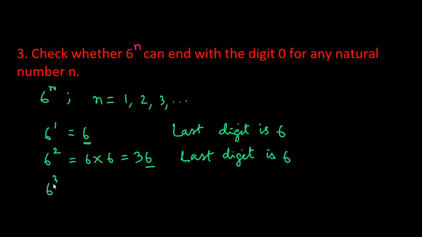So 6 power 3. What is the last digit we get? In 6 square we got the last digit of 6. So this is 36 into 6. So we will multiply 6 into 6 here. So here also we get 36. So the last digit is 6 only.